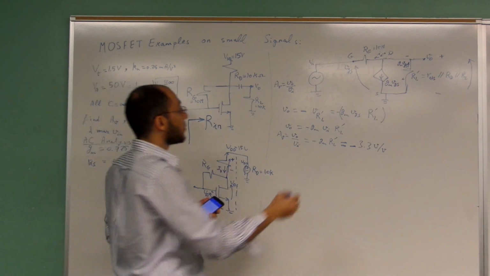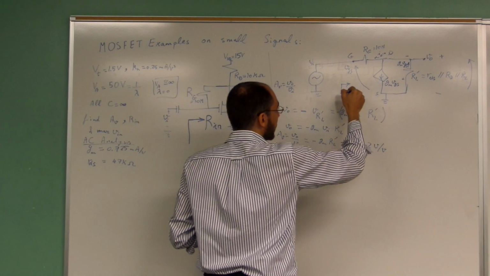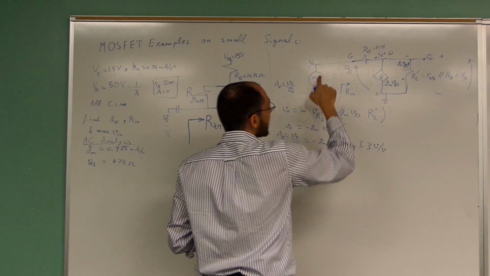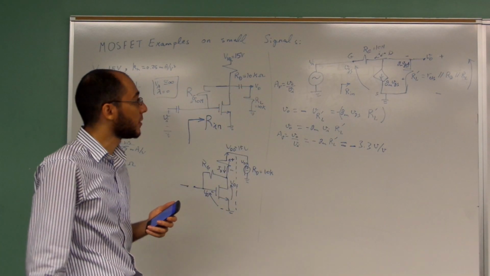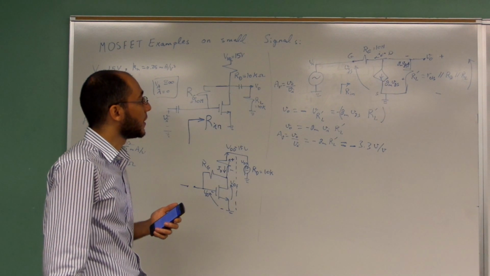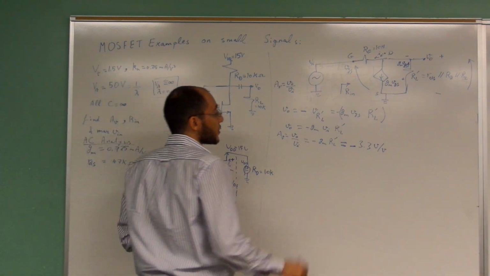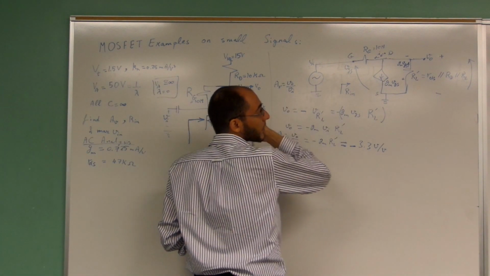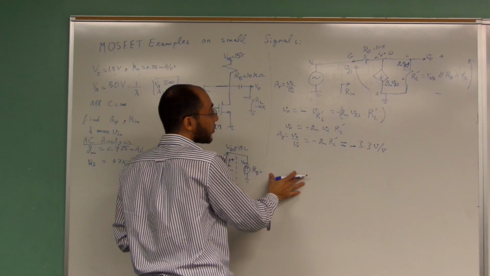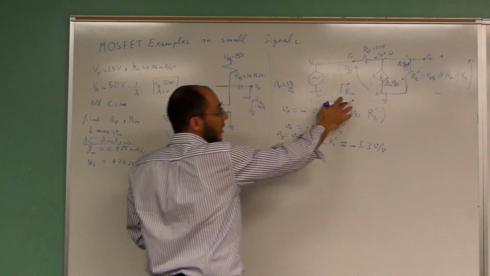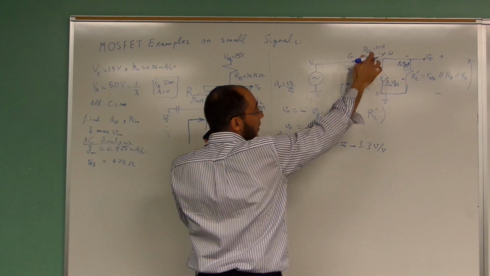Now to the R input. What is the AC source seeing? You need also to calculate the value of R input. The value of the R input is calculated without neglecting the RG.